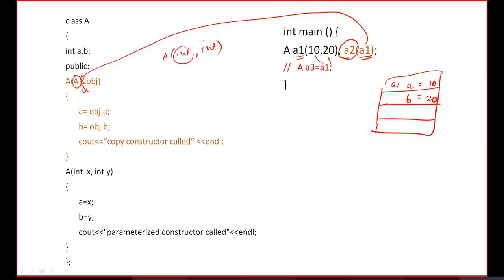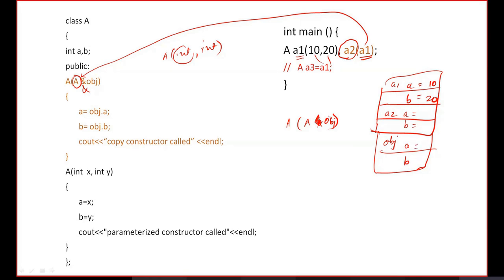Now we are trying to create A2, and we want A2's A to take A1's A and A2's B to be A1's B, right? But in the process, if we create a constructor with obj, whatever it is, and we don't mention this ampersand, only the object, that means we are creating yet another object called obj, which would have its own A and B.